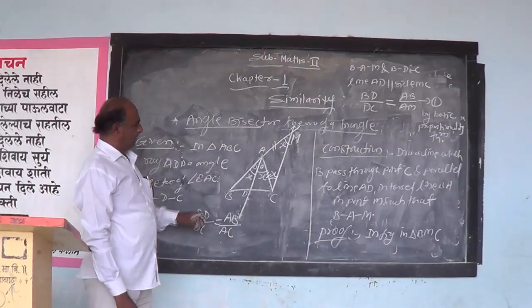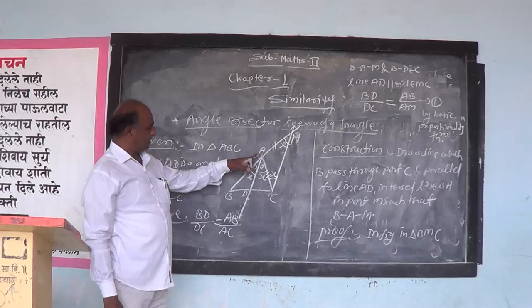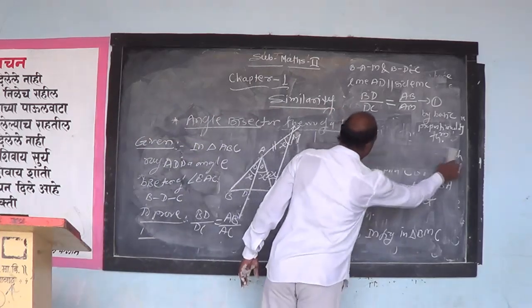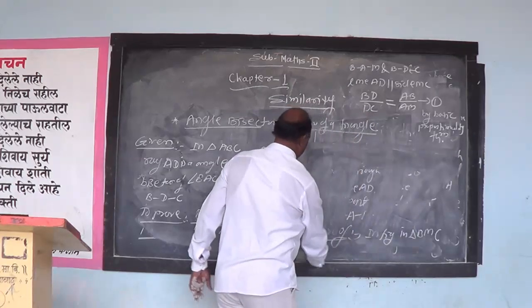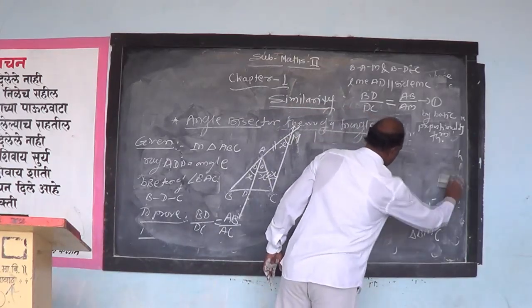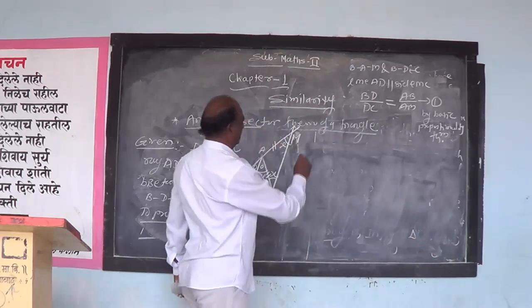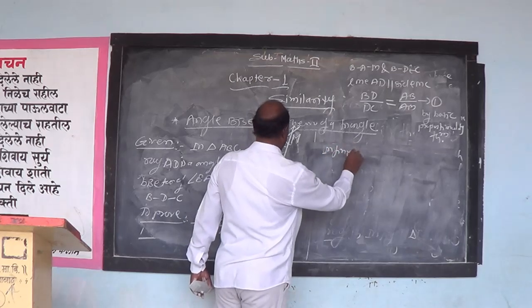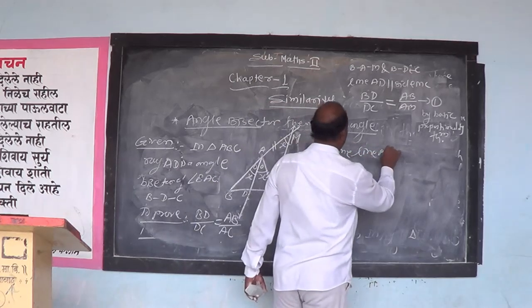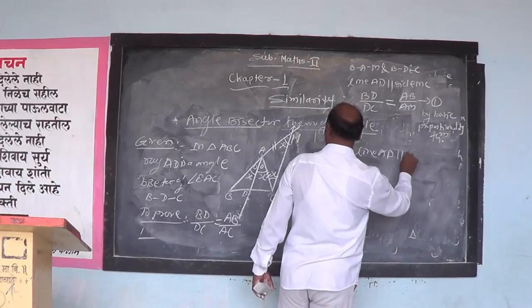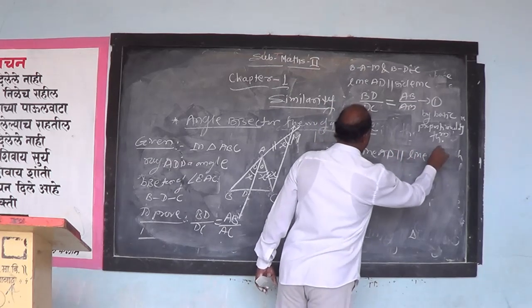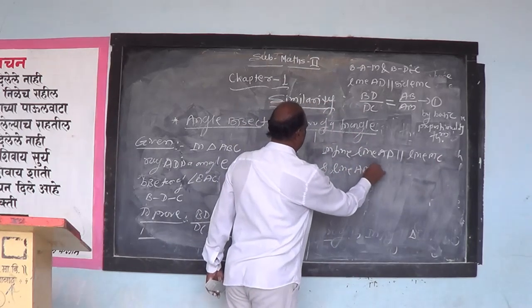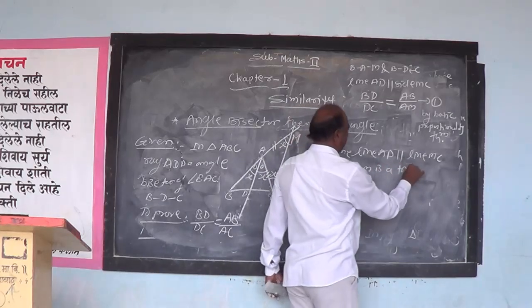And then in this figure, line AD is parallel to line MC, and line AM is a transversal.